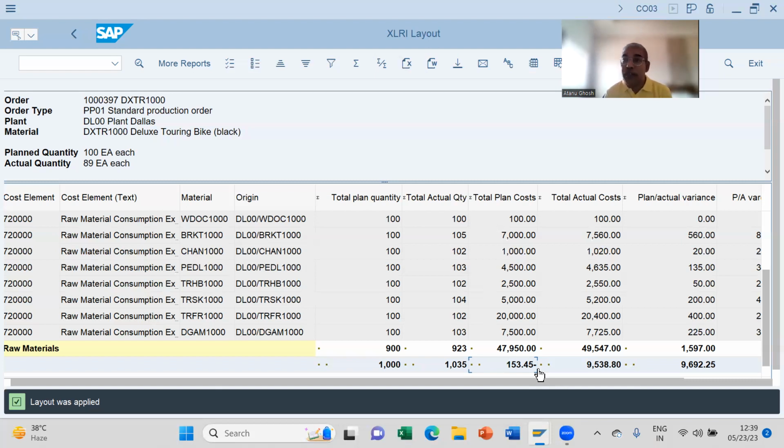Then all of these costs need to be booked in a cost center. A cost center will have other costs which are not related to production. Those costs together will constitute the cost of a particular cost center. That is another area called cost center accounting. So these are all involved areas of SAP.